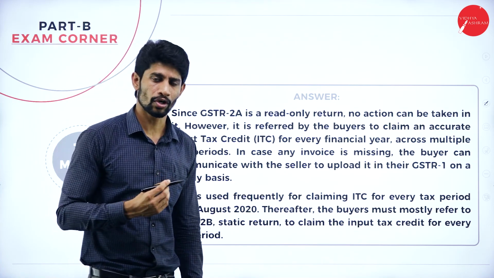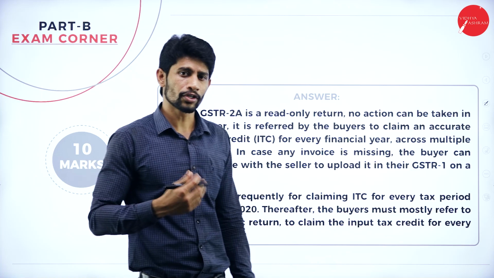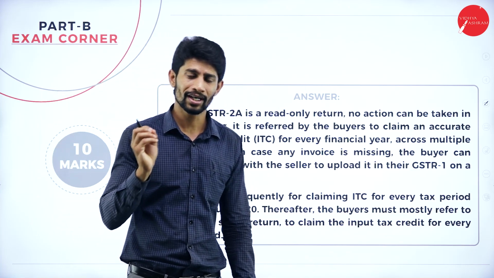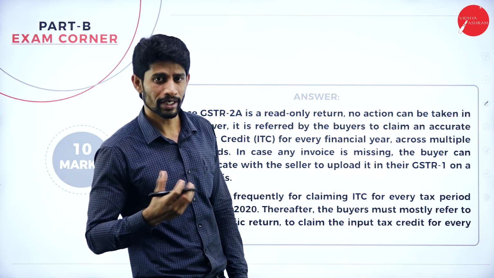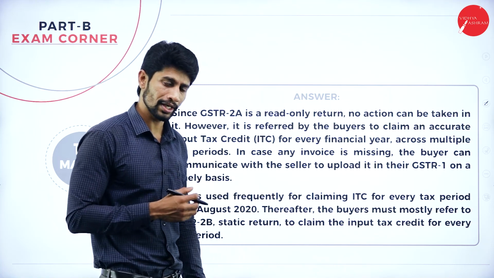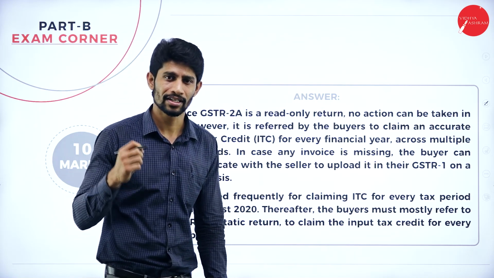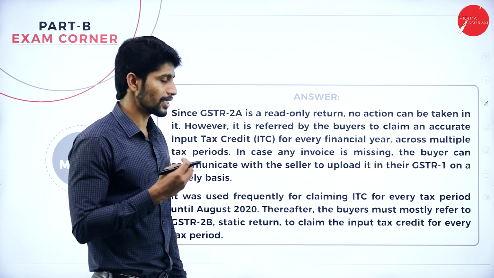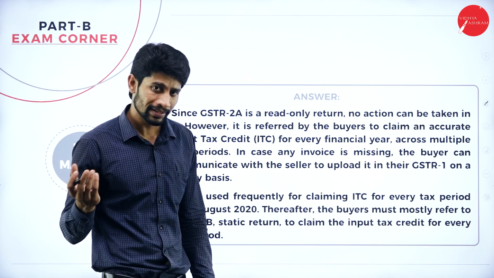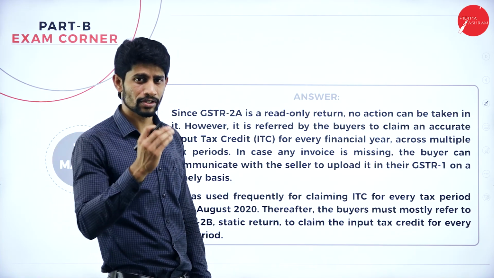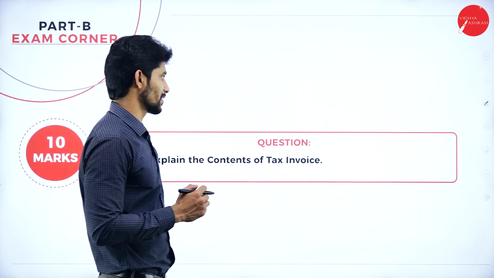It is all about automatically populated invoices based upon the information filed by your supplier, and you can't manipulate anything in GSTR2A. Along with that, you have to write some other information with respect to GSTR2A. They might not ask the question, but you have to study it, to be on the safer side, as they might ask it in your exam.